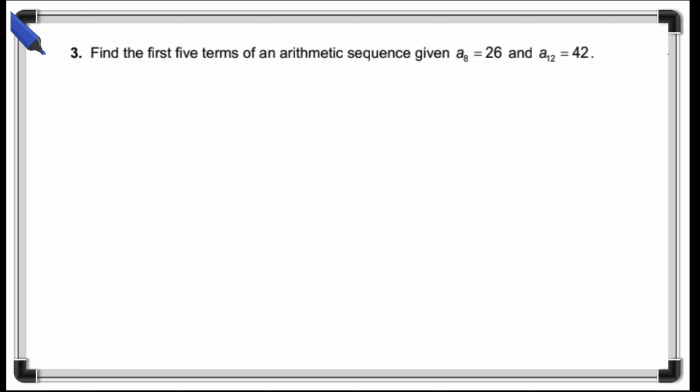Here we are going to find the first 5 terms of the arithmetic sequence. We have a sub 8, which is 26, and a sub 12, which is 42. Here, you need to look at some keywords. Arithmetic means that this is linear, and when we want to find d, that difference, it is the slope.